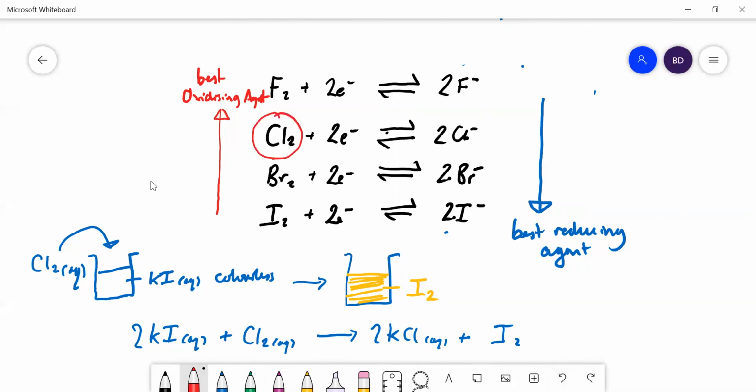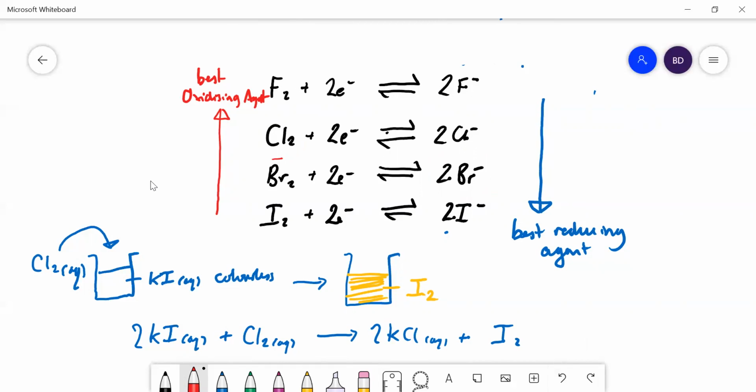If you added chlorine to a solution of bromide ions, potassium bromide, the chlorine would take the electrons off these bromide ions and become reduced to the chloride ion itself and oxidize the bromide to Br2. So that's all fairly straightforward, and to a large extent you touched on that at GCSE.